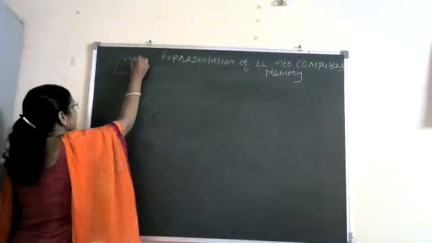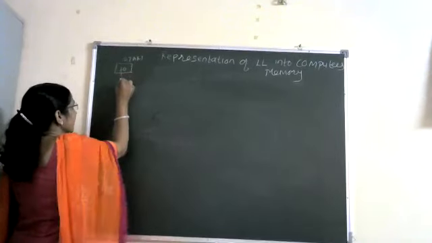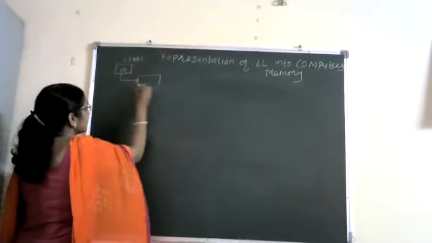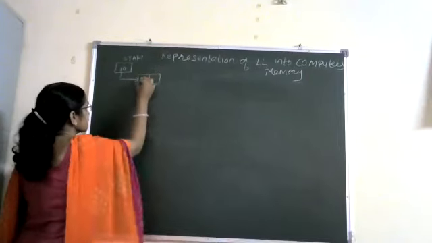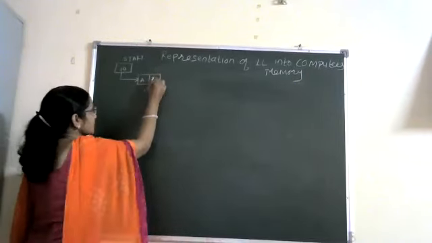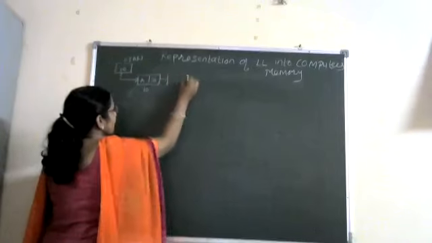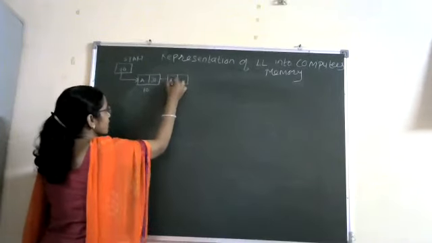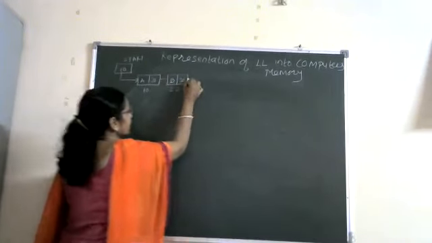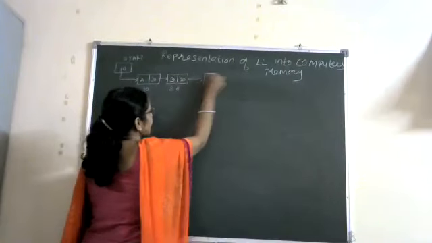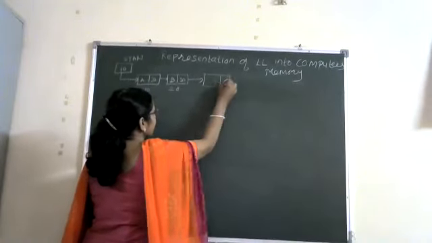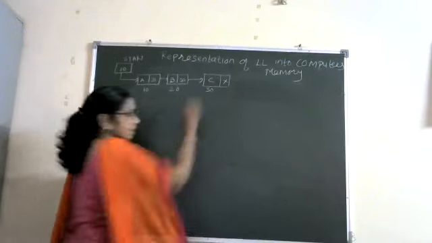This is the start pointer, and suppose it consists of the address 10, means at 10 it consists of the value, suppose A, then at 20 it consists of B, then 30. Suppose I have only three nodes, then C, and then 30.